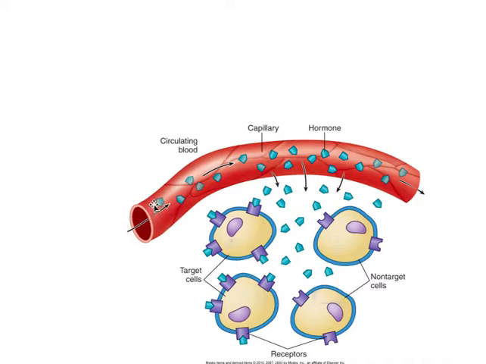Okay, so here they are. We have our little hormone that's making its way through the bloodstream, and here's a nice capillary bed. So some of the hormone leaves the bloodstream at the capillary bed and makes its way through the interstitial fluid, all the fluids that are in the tissues, and they come into contact. You'll notice that this hormone has a little pointy on it. That shape is important.